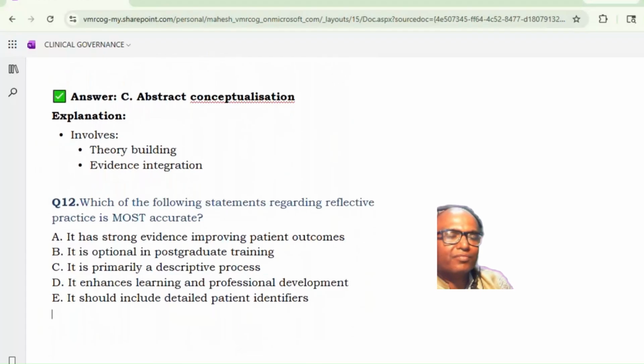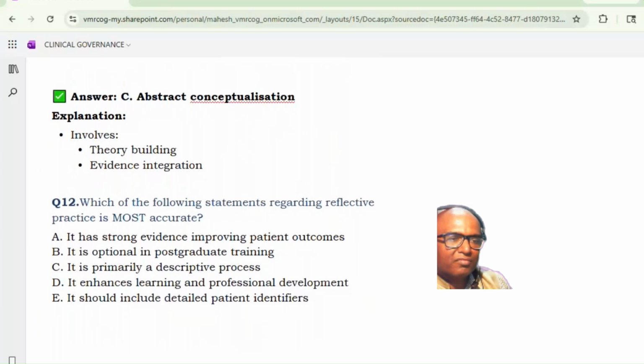Next, doctor. Which of the following statements regarding reflective practice is most accurate? It has strong evidence of improving patient outcome. It is optional in postgraduate training. It is primarily a descriptive process. It enhances learning and professional development. It should include detailed patient identifiers.